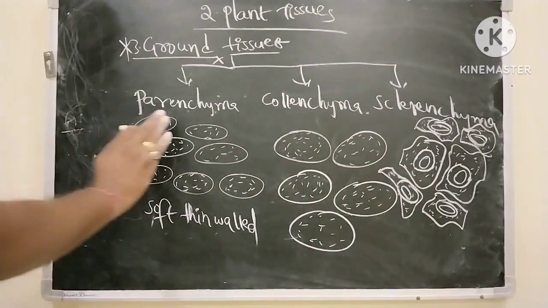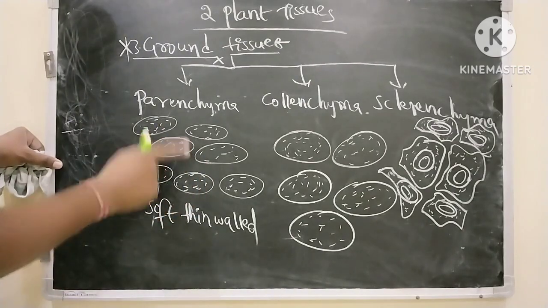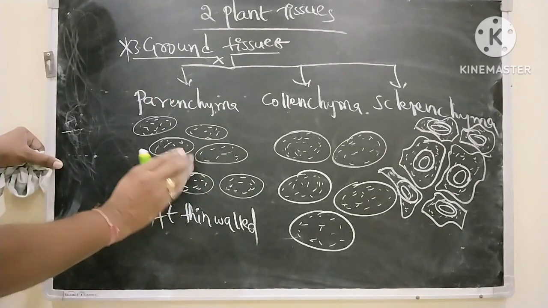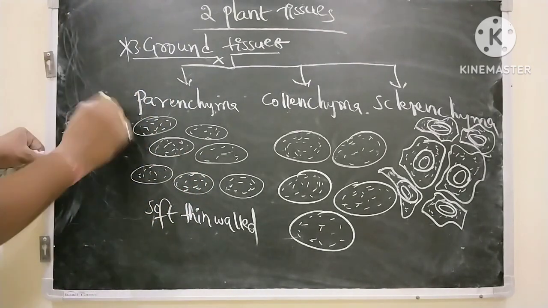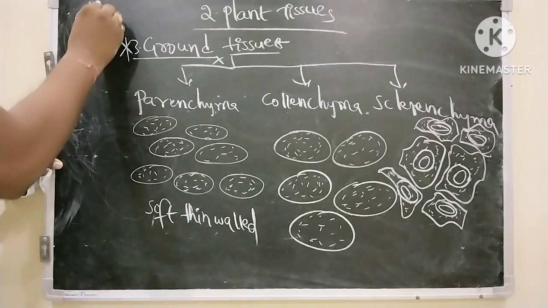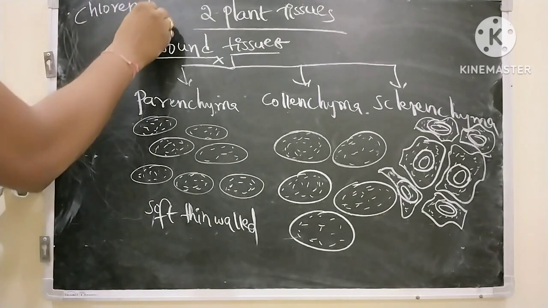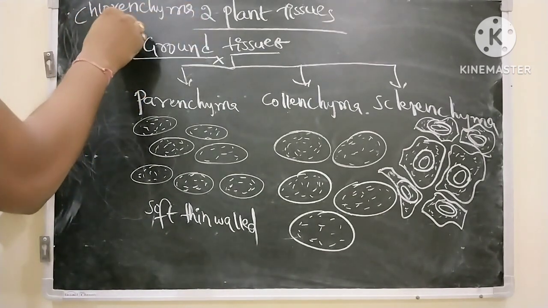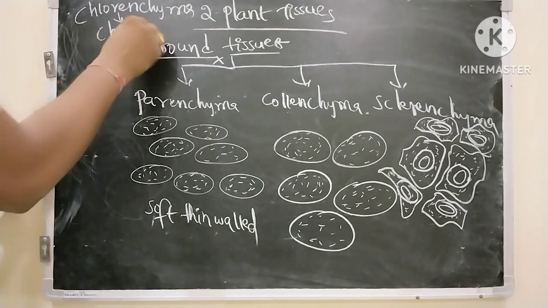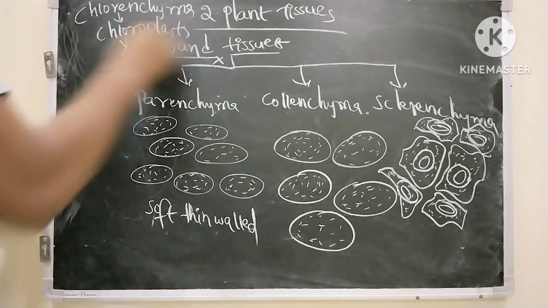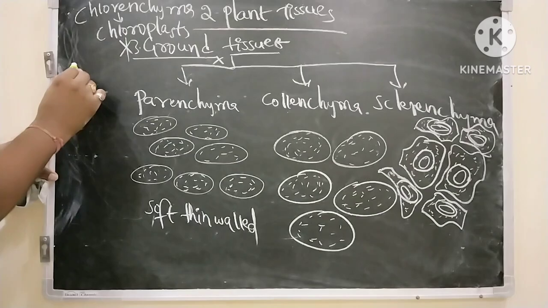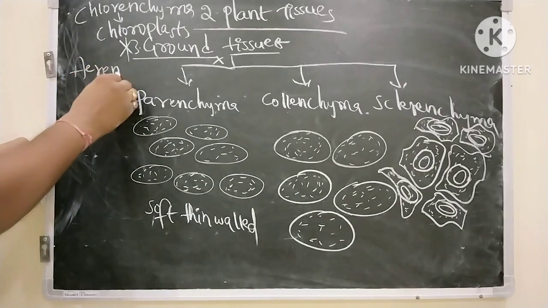Next, the parenchyma cells that contain chloroplasts are called chlorenchyma. And the parenchyma that contains air spaces is called aerenchyma.